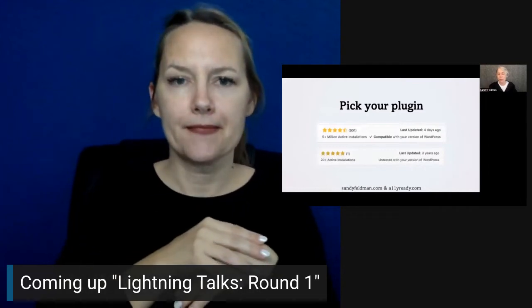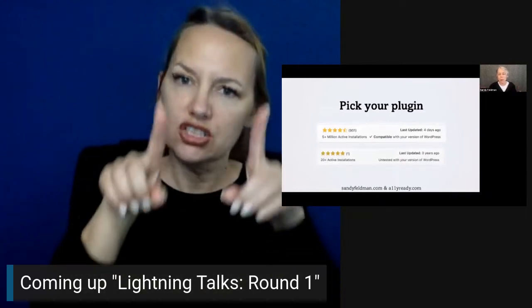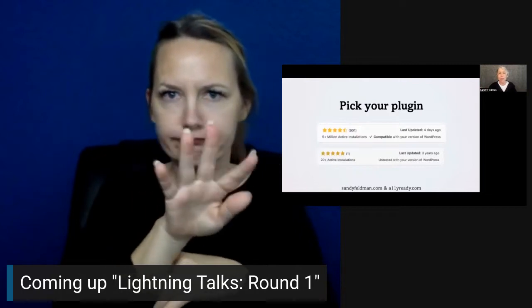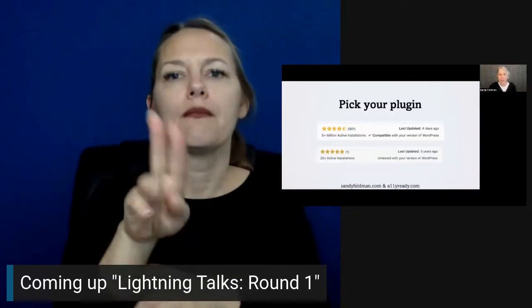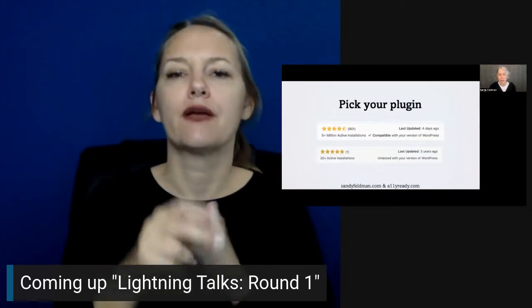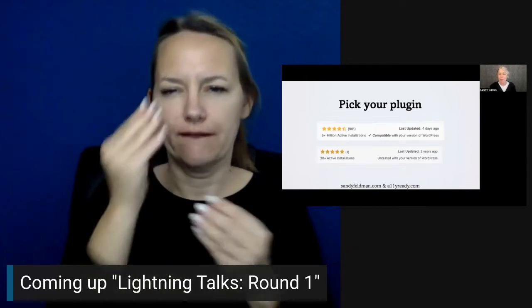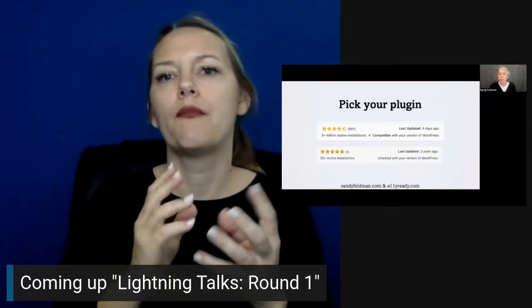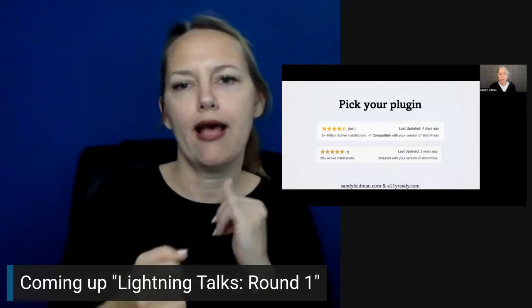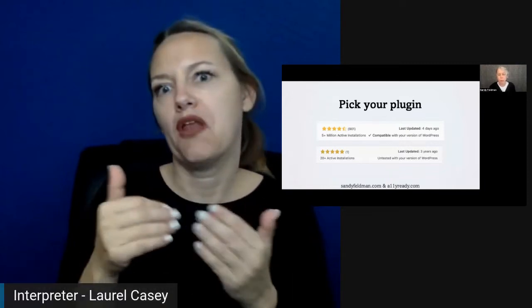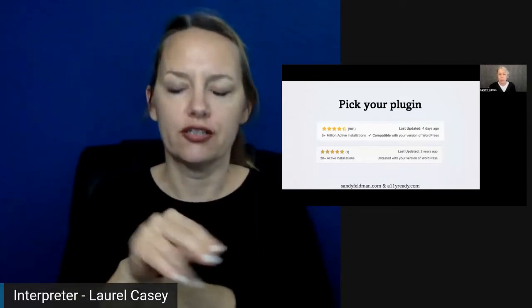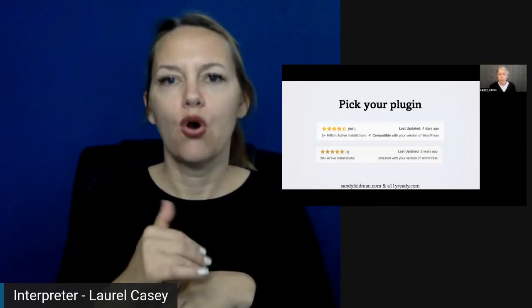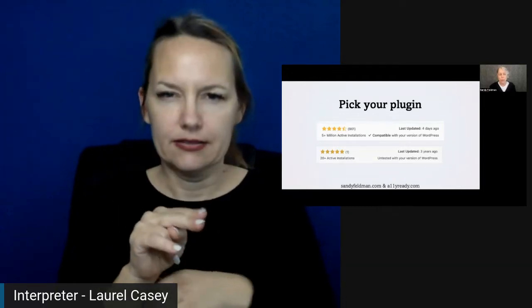So once you've tested the site and you see what kind of shape it's in, pick your plugin. Every plugin has got information associated with it, how many installs there are, reviews, when it was last updated, and whether or not it's compatible with your version of WordPress. So I have 2 plugins on the screen, the information about them.